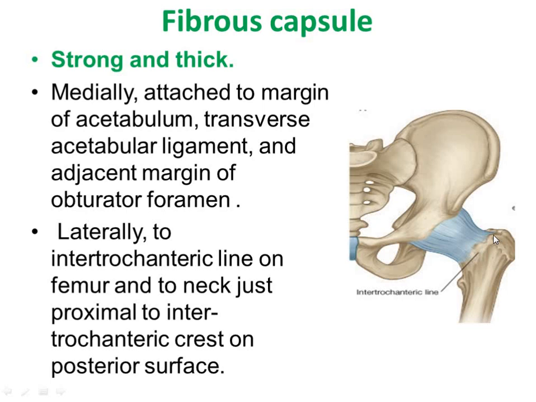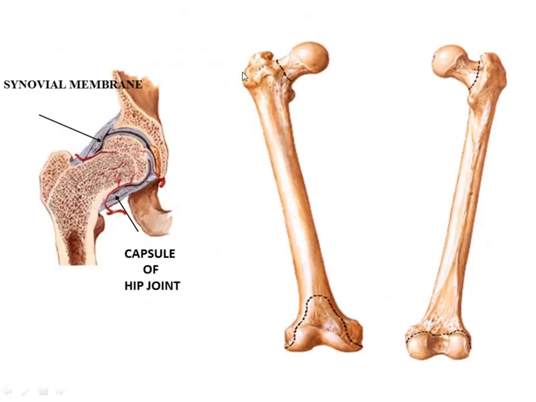That is the line present anteriorly between the two trochanters, the greater and the lesser trochanters. Posteriorly, this does not reach the crest between the two trochanters, but falls short and is attached proximally to the neck of the femur on the posterior aspect. In this picture, this is the femur, anterior view, and this is the posterior view.